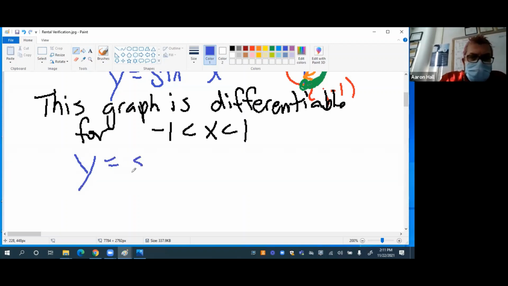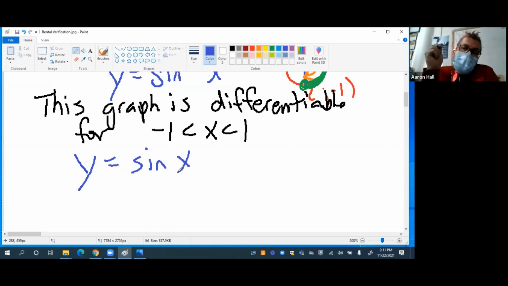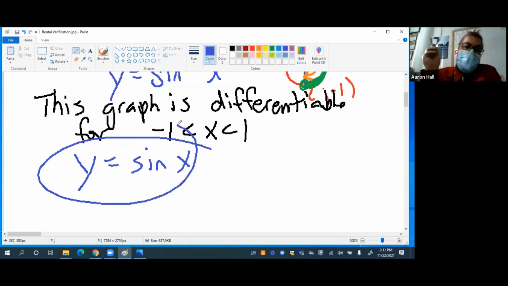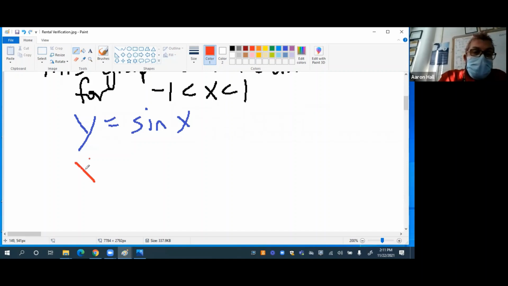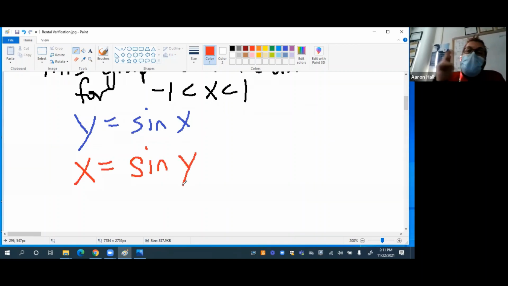Let's look at y equals sine of x. When we find the inverse of a function algebraically, what are the steps? There are 2 steps. I switch the x and the y values, so that y now becomes the x and the x now becomes the y. What's the second step?